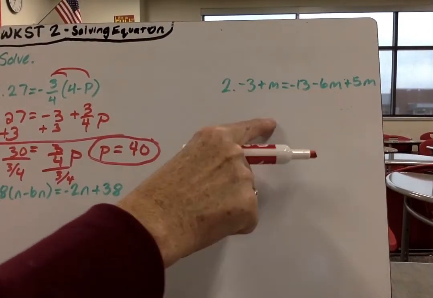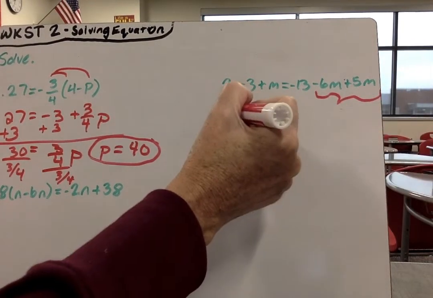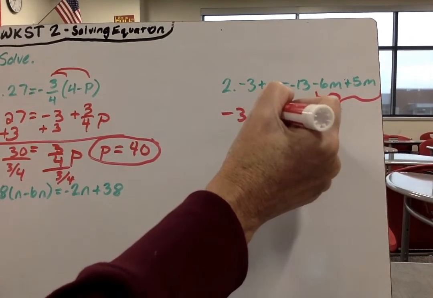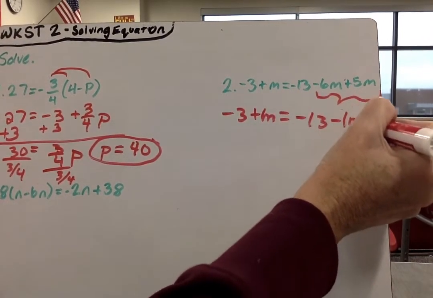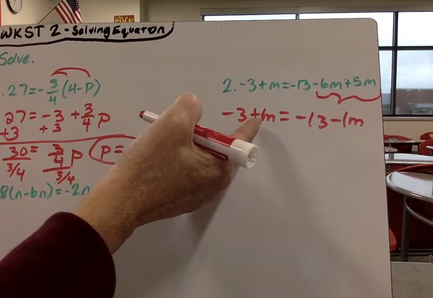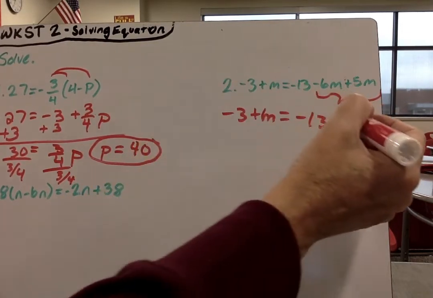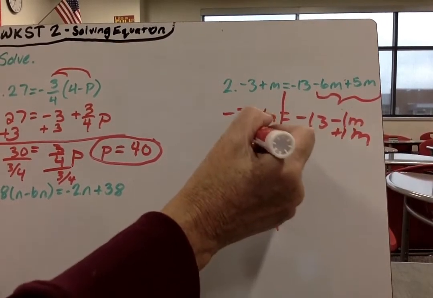So they make it more complicated. If you have the m's on the same side, we're going to combine the like terms first. -6 plus 5 is -1. Now this has a plus 1m, so I'm going to go plus 1m here, plus 1m here.